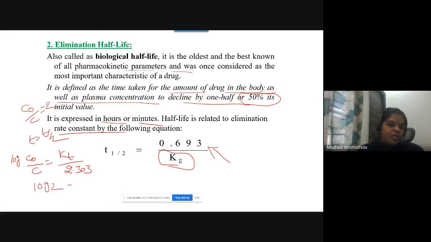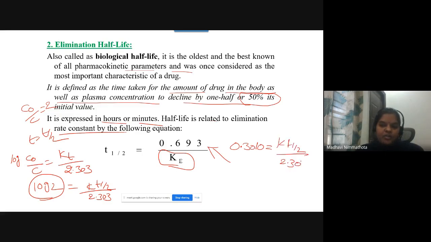Then you will get log 2 equals Kt half divided by 2.303. What is the value of log 2? 0.3010. The derivation is the same. So K into T half equals 0.3010 into 2.303, and this value is 0.693.